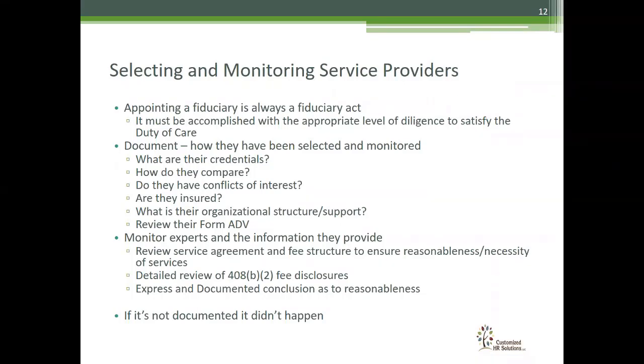And if you haven't done that, then that means paying those fees is a prohibited transaction. And a fiduciary that permits a prohibited transaction can be held liable for those. So it's possible that the fiduciary, if they didn't review them or the fees weren't reasonable, could be held liable for actually reimbursing the plan. So that's really, really important.